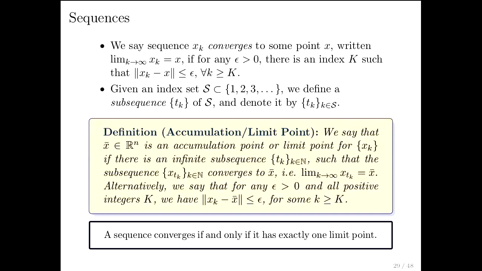We say they converge to some point x if I can find an index in the sequence such that for any index larger than that, the point is close to the point that we are converging to. So really I can chop part of the sequence, and from that point on, everything is close to something. That's one way to think about it.